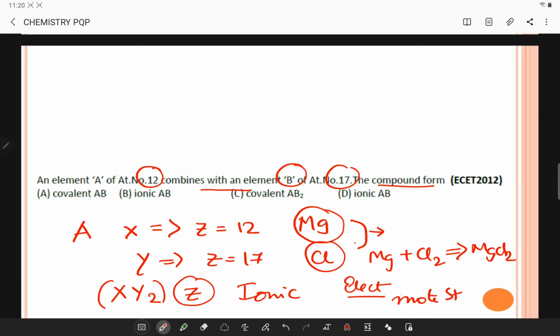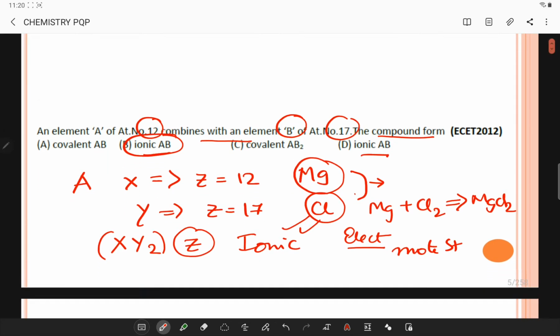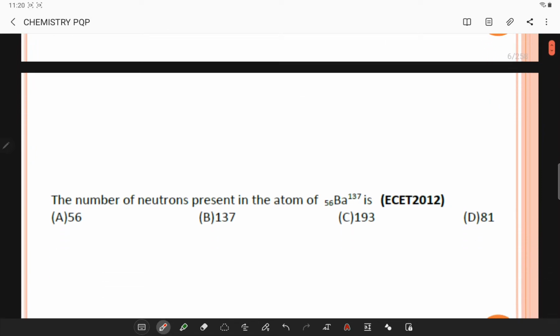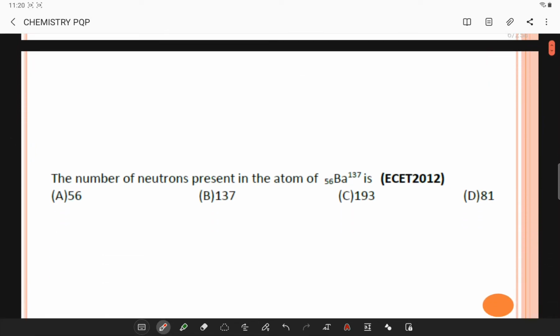So the answer is ionic bond, AB2. Here both the options are given as ionic. It is basically an ionic bond. The explanation is given here. You can refer to this PDF in the link provided in the description.